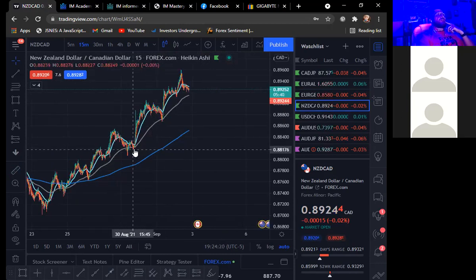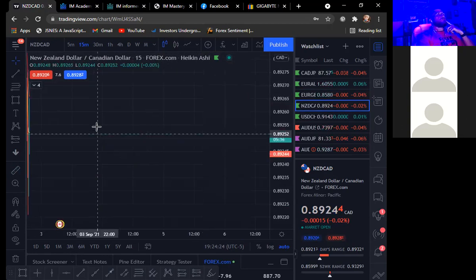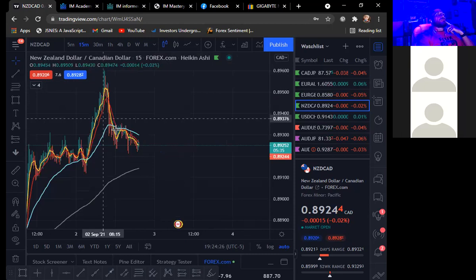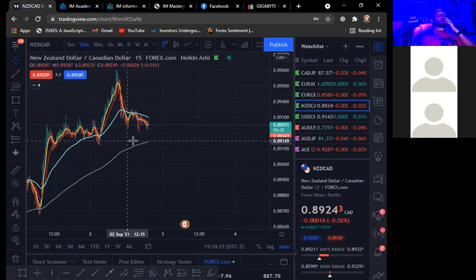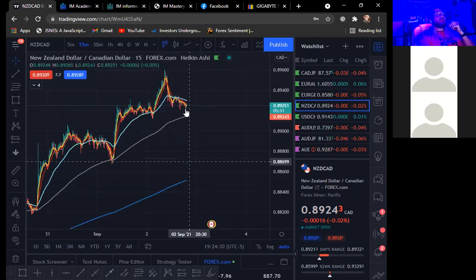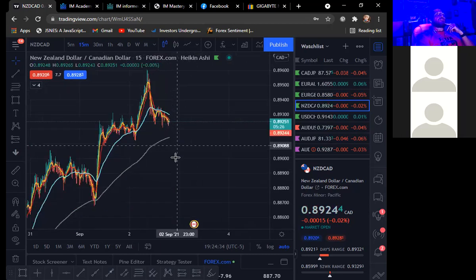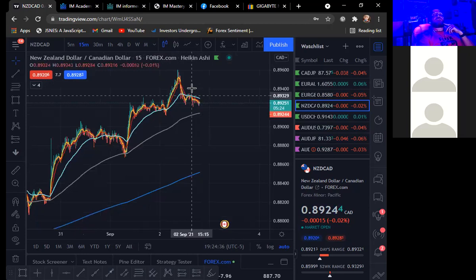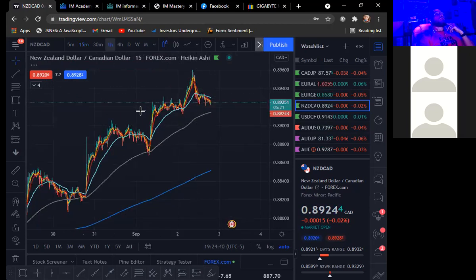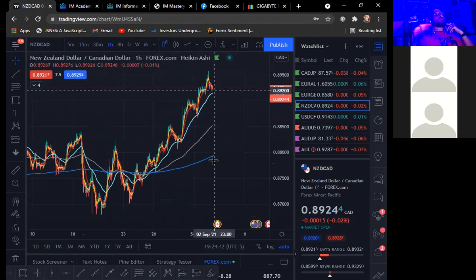You see it's been bouncing off of the 200. So we're going to watch here to see if it's going to bounce off the 200 again. But at some point, it's going to make its way back down to the 800. So this is definitely the NZD CAD, something I would keep an eye on.